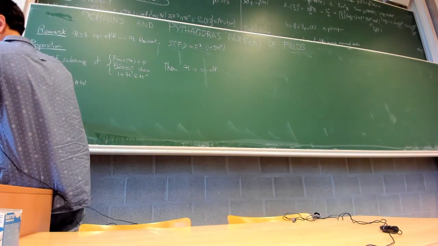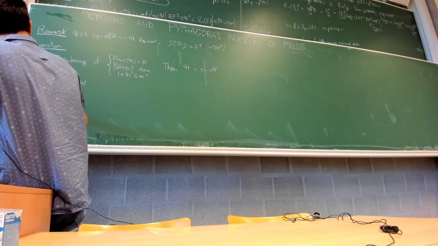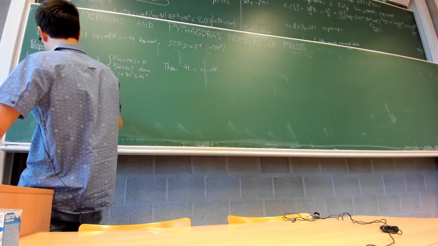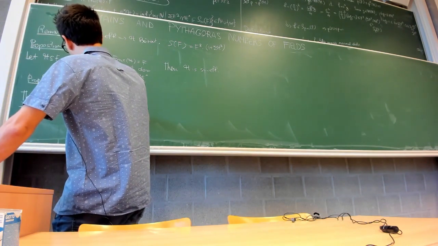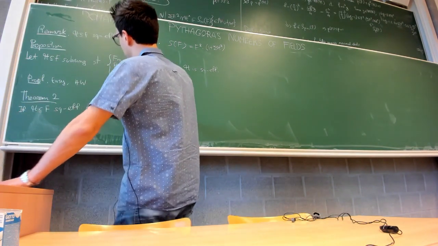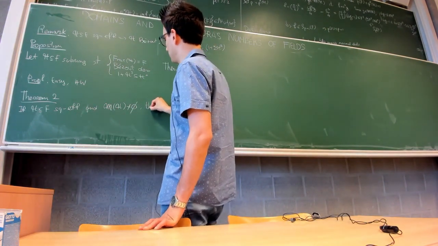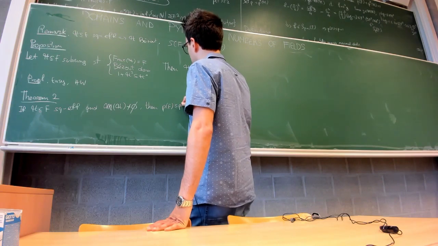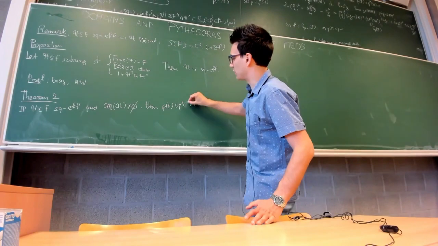So if H is a square effective subring of F, and this weird set M is non-empty, then the Pythagoras number of the field is at most T star of H plus 1.